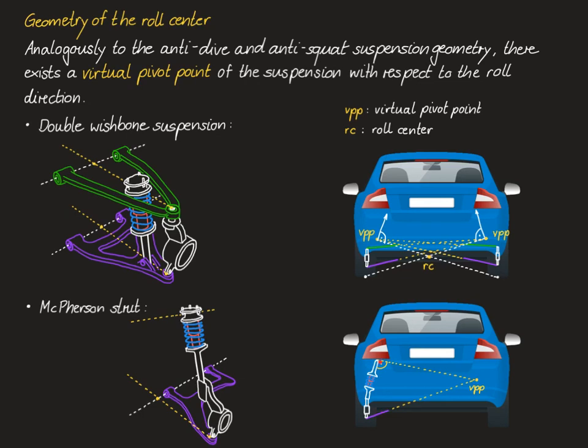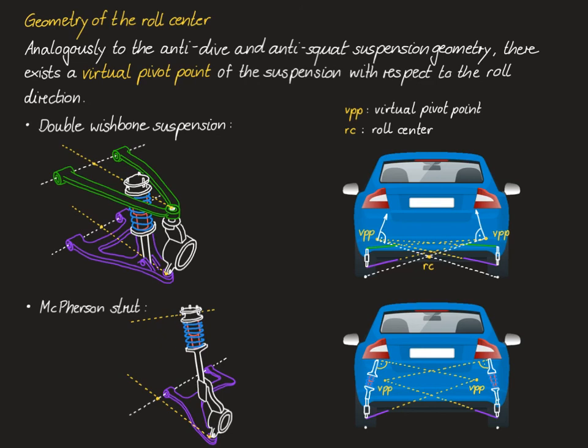And the second line is perpendicular to the strut and passes through its upper end. The same thing is of course performed for the right suspension, which gives us the virtual pivot point of the right wheel. With these two virtual pivot points of the left and right wheel, we can now apply the very same argument as for the double wishbone suspension.